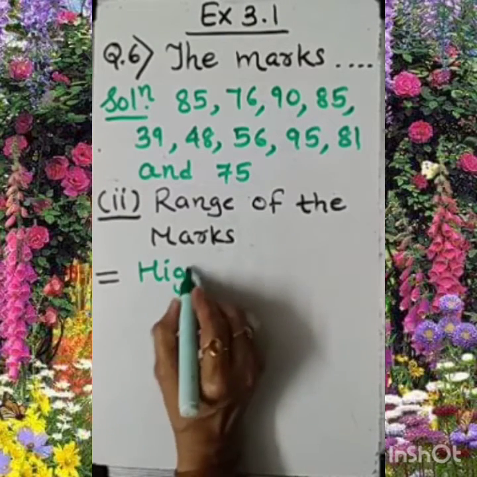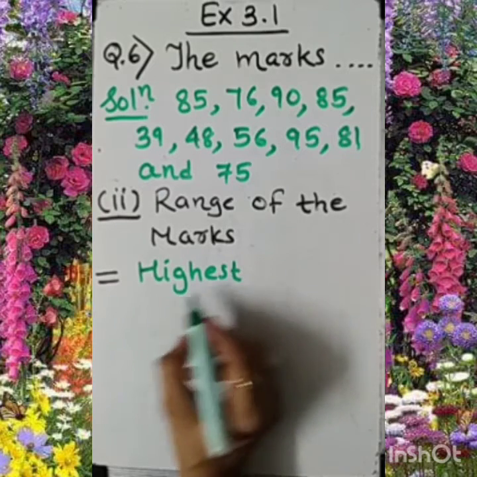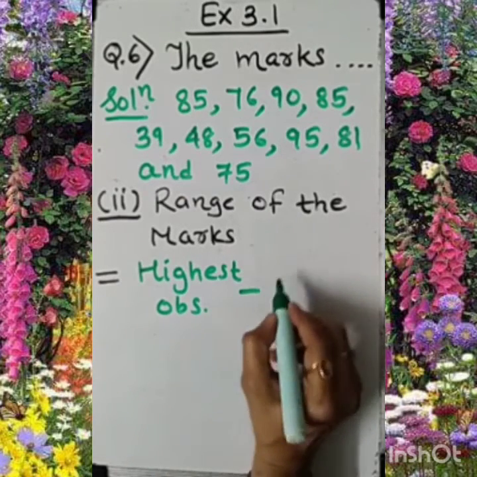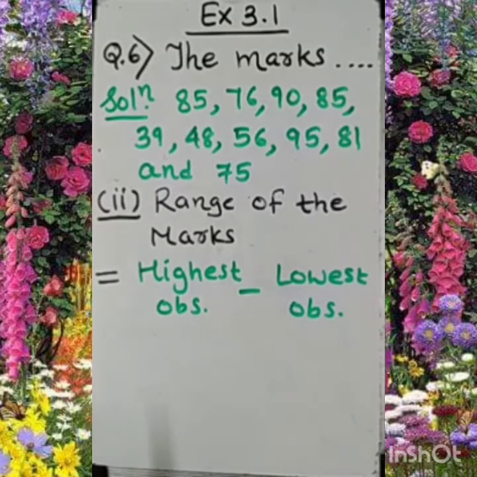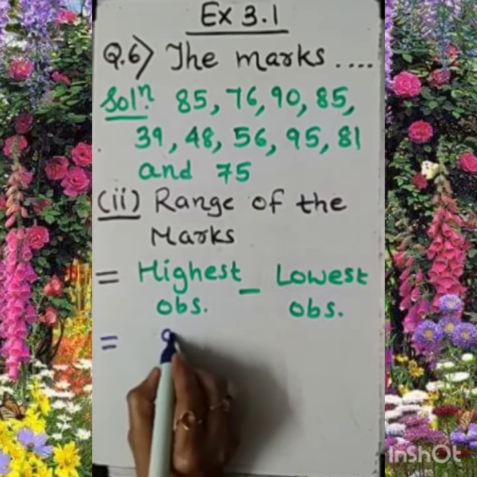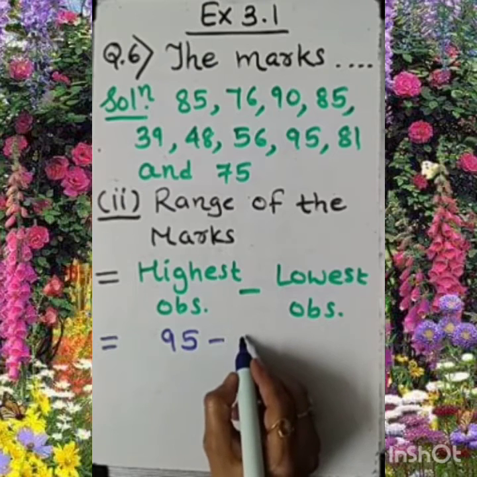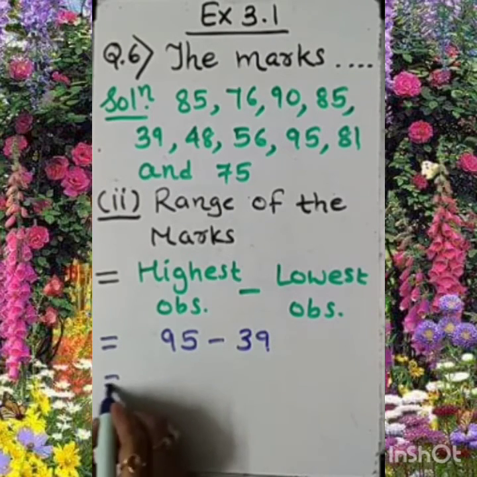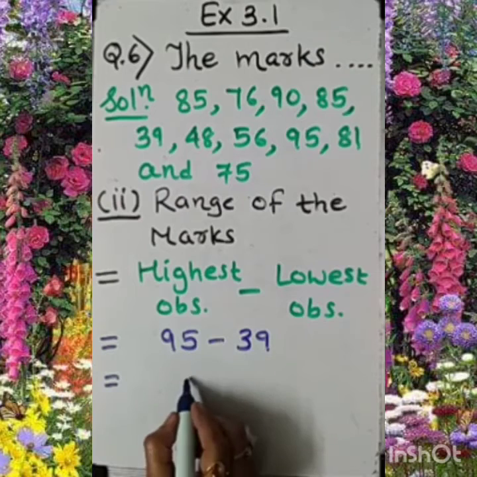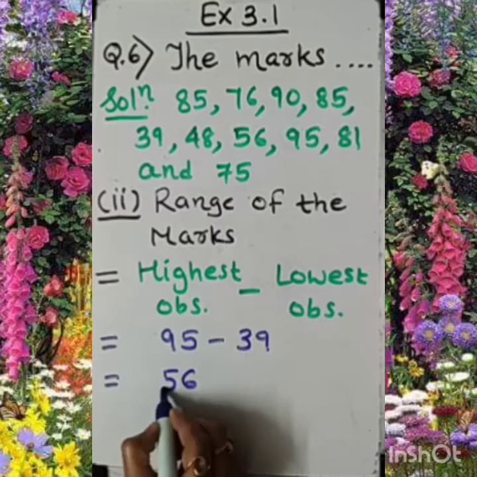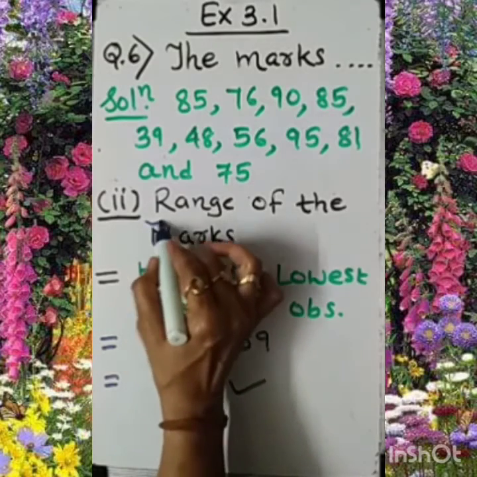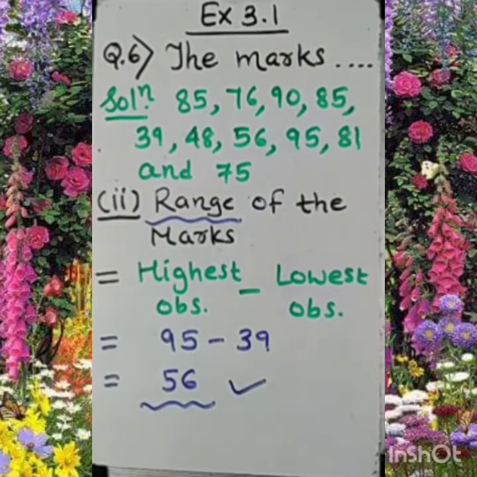As we already noted in the first question, the highest observation here is 95 and the lowest is 39. So let's subtract: 95 minus 39. The range of the given observation is 56. This is the solution of the second question. Got it?